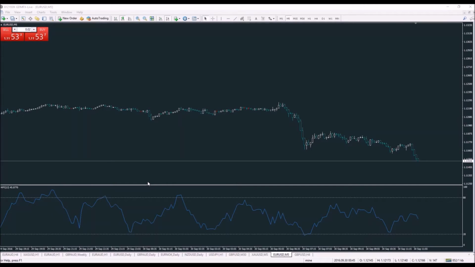Speaking of which, the Money Flow Index is positive when the typical price rises, or of course, as we call it, buying pressure, and becomes negative when the typical price declines, also called selling pressure.